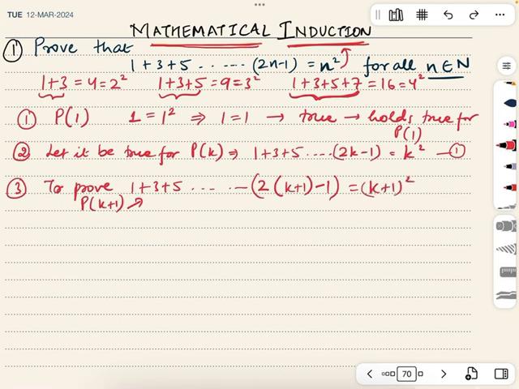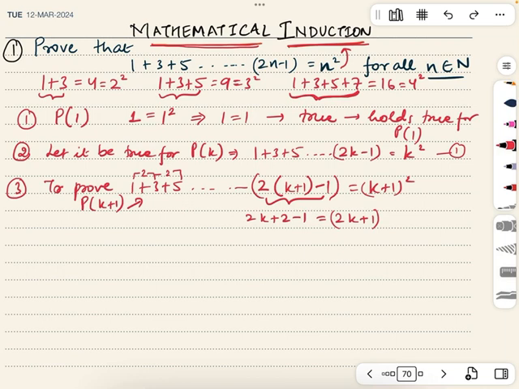Let us evaluate this expression. This will result in 2k plus 2 minus 1, which is equal to 2k plus 1. So the last term is 2k plus 1. And you can see that the difference of 3 and 5 is 2. The difference of 1 and 3 is 2. So these numbers are 2 apart.